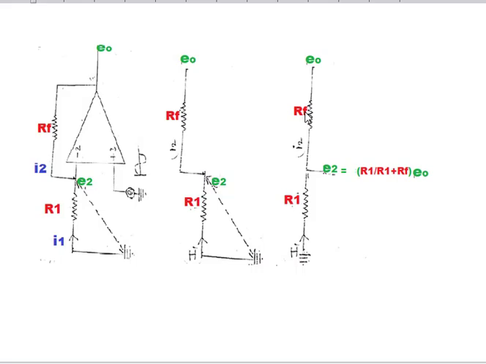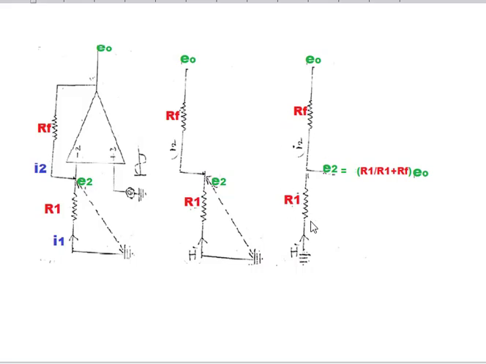There are two resistors, one is RF, another is R1. The voltage is given here. This end is grounded. The resultant voltage is taken here. What is the voltage here? It is nothing but the resistor divided by the addition of these two resistors, R1 divided by R1 plus RF, and then multiplied by the voltage EO.